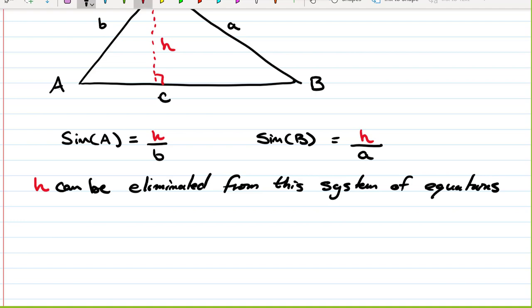If I solve each of these equations for h, I would have h is equal to b times the sine of A, and I get that by multiplying both sides of this equation by b. Similarly, I could solve this equation for h by multiplying each side of the equation by a. And over here, I would have h is equal to a times the sine of B.